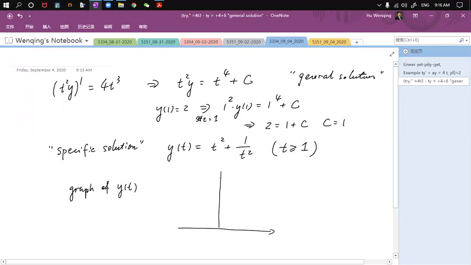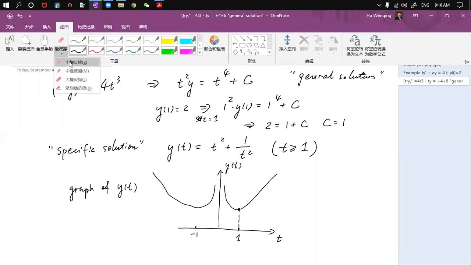Well, the function is going to look like this: this is t, and this is y of t. At t equal to 1, the function is going to be at a minimum, so something like this. And it is going to be at a minimum at t equal to minus 1, something like this. I need to have a better picture of this.